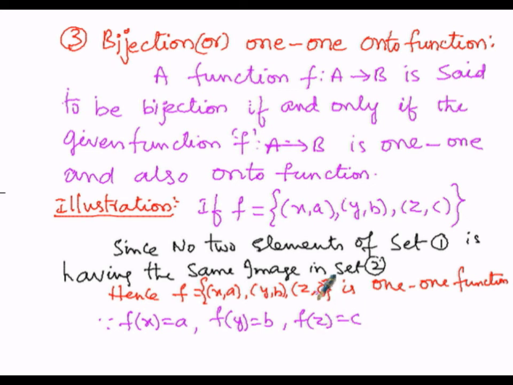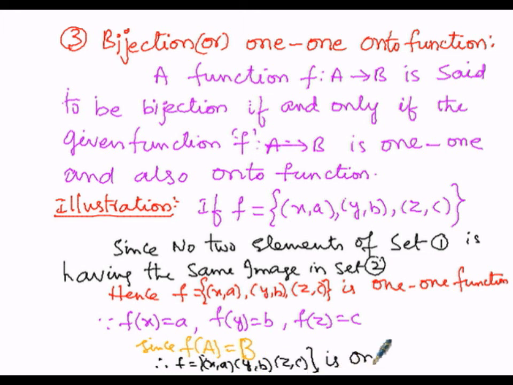Therefore, since f of a equals b, the given function consisting of the ordered pairs x comma a, y comma b, z comma c is an onto function.